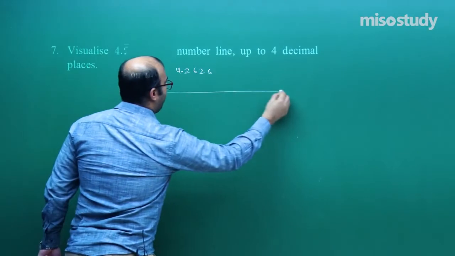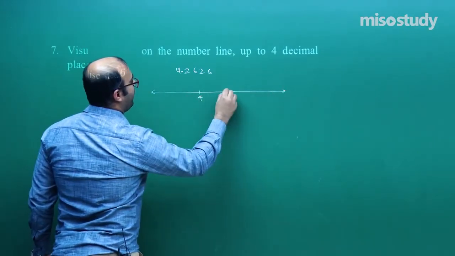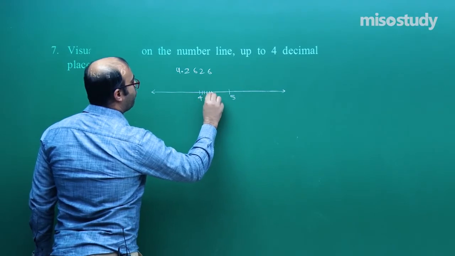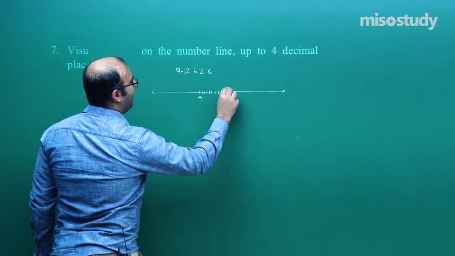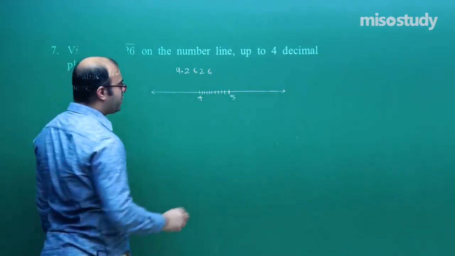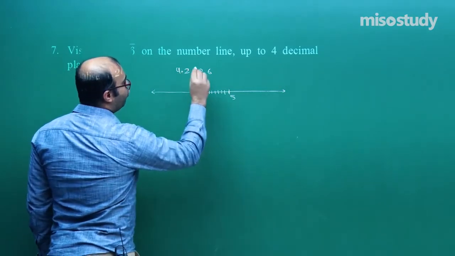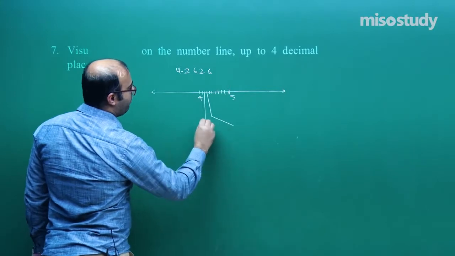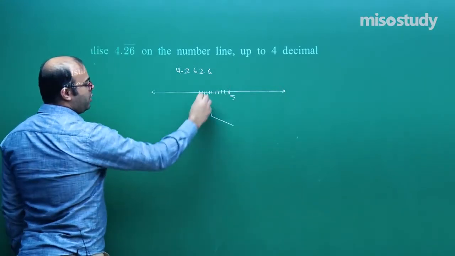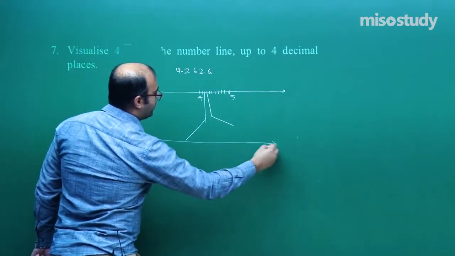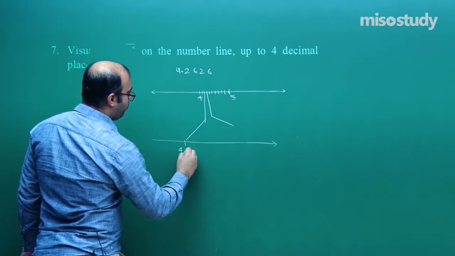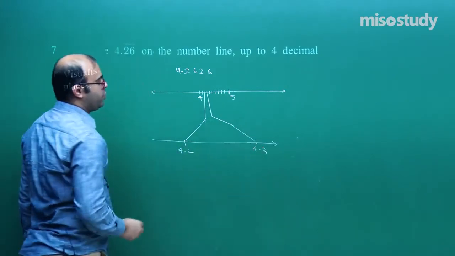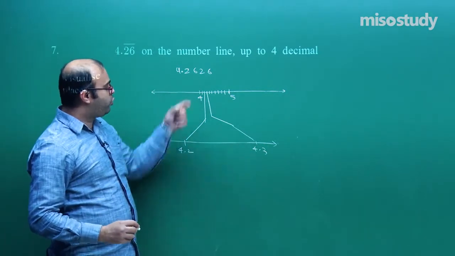We take a number line, we find 4 somewhere and 5 somewhere, we divide it into 10 parts, 1, 2, 3, 4, 5, 6, 7, 8, 9, and this is 10 equal parts. 4.2 is here, 4.3 is here. We will magnify this part and we will write on this number line, this is 4.2, and here we will write this is 4.3.